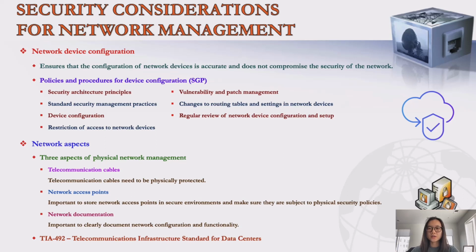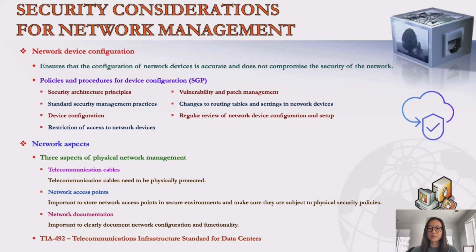They include security architecture principles, standard security management practices, device configuration, restriction of access to network devices, vulnerability and patch management, changes in routing table and settings in network devices, and regular review of network device configuration and setup.